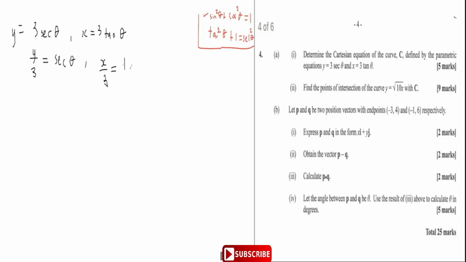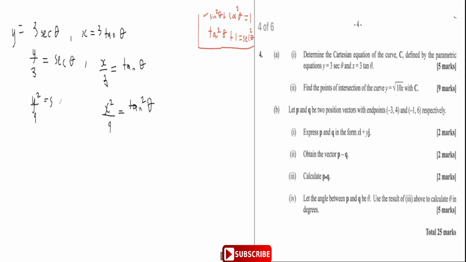Now, once you have tan theta and you have sec theta, you can square both sides. So you're going to get that x squared over 9 is equal to tan squared theta, and y over 3 when you square it gives me y squared over 9 is equal to sec squared theta.